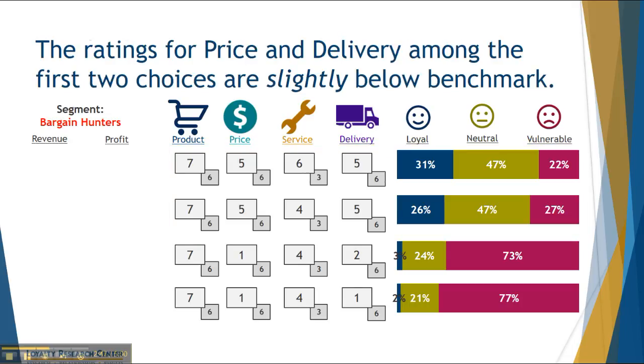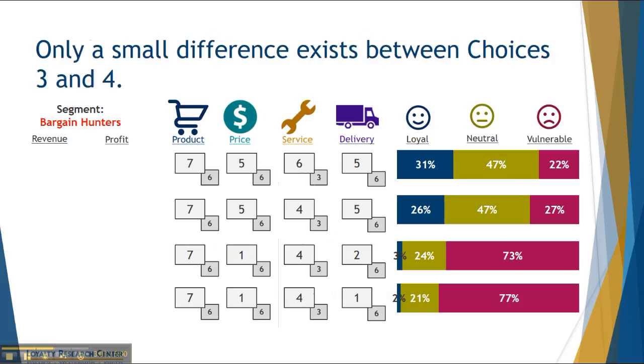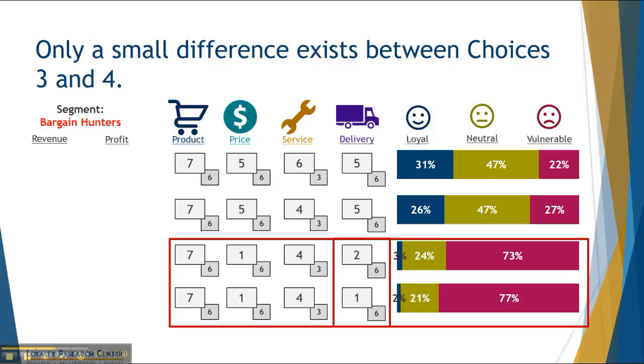Moreover, among the first 2 choices, note how the somewhat high ratings of 5 for price and for delivery are slightly below those for the benchmark competitor and far below benchmark for the last 2. Closer inspection shows only a small difference between choices 3 and 4, which features still lower ratings for delivery.